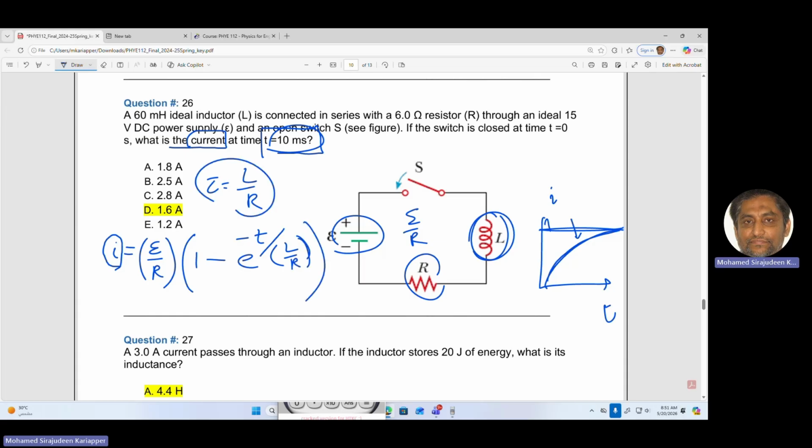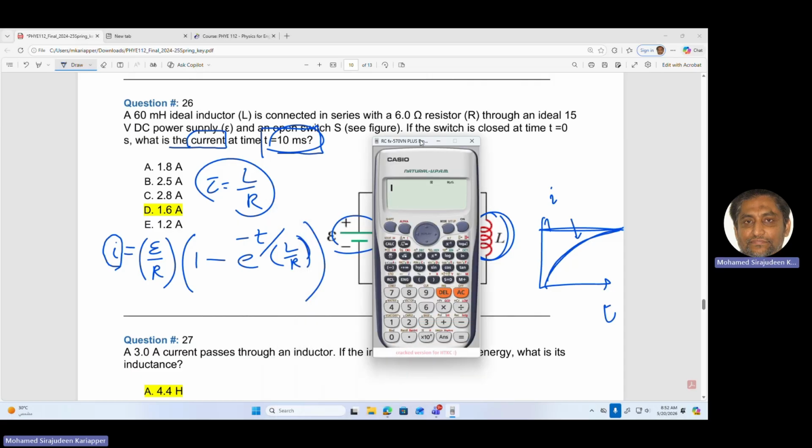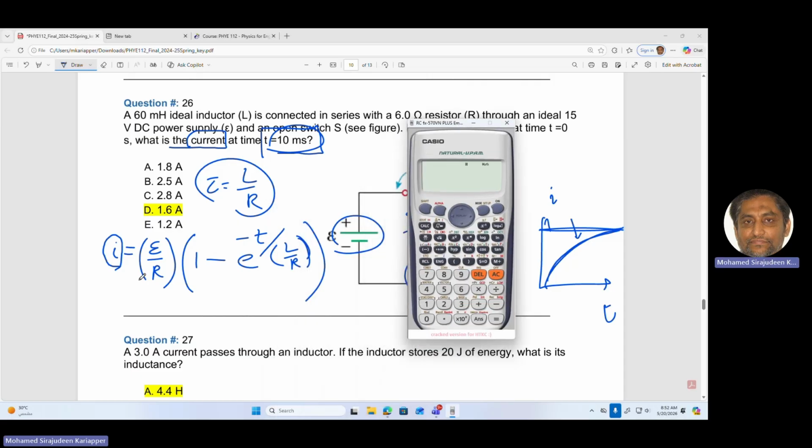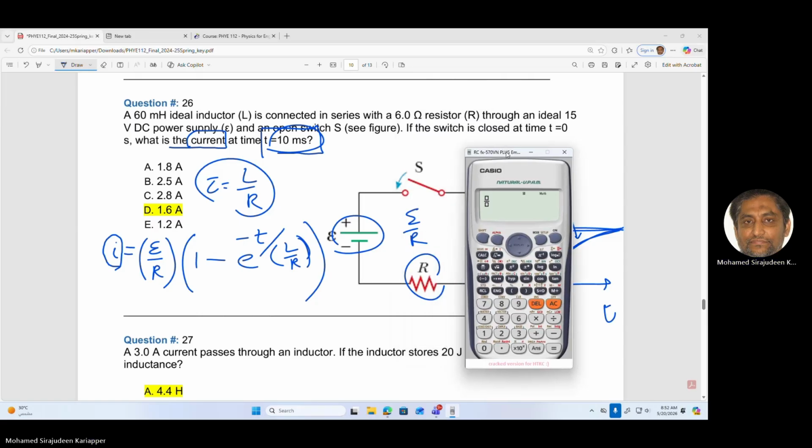Now you substitute. Okay, tell me. E over R. Maybe you can start this and put the E over R. How much is E? 15. Okay. How much is R? 6. Come on. Multiply, start the bracket, 1, subtract.